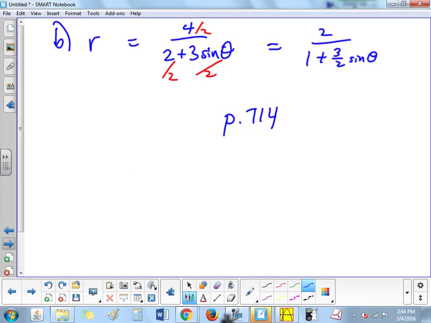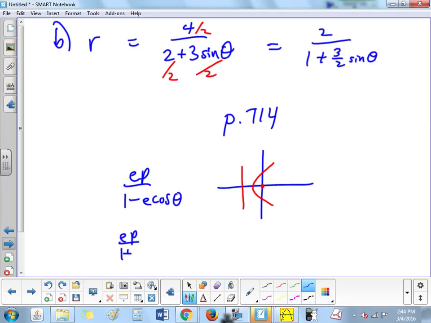It says that if you have EP over 1 minus E cos, then your conic looks like this when you first start drawing. If you have EP over 1 plus E cos, then it looks like this when you first start drawing.